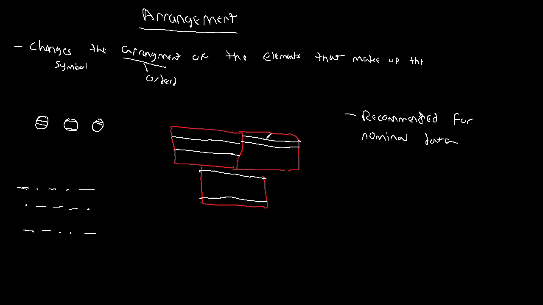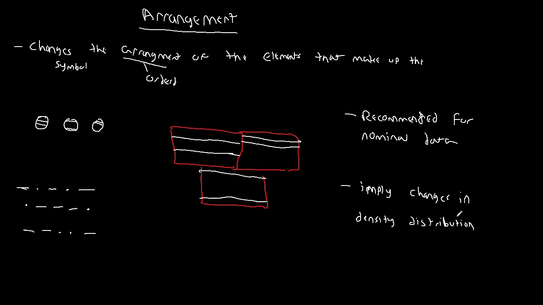Now, here is the part where I tend to have an issue with this. Changes in the arrangement, in my personal opinion, imply changes in density distribution. And we'll talk a lot more about this idea of density distribution later.